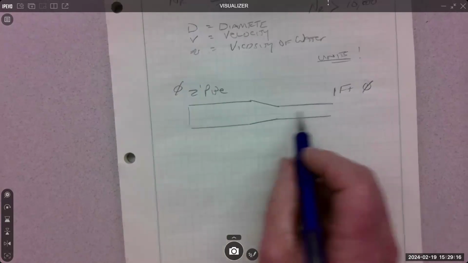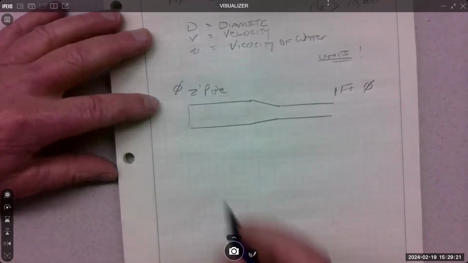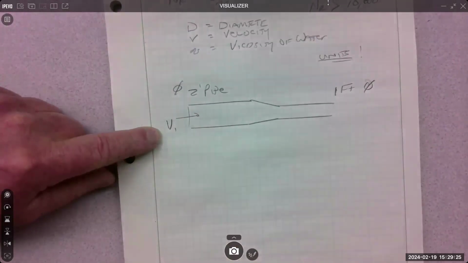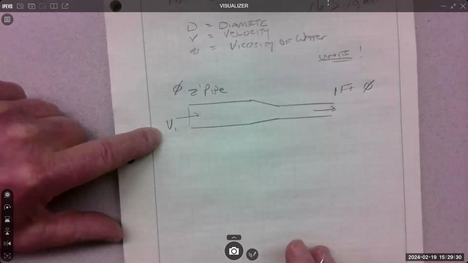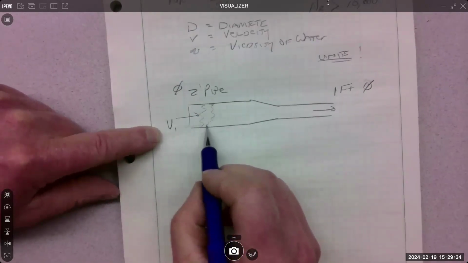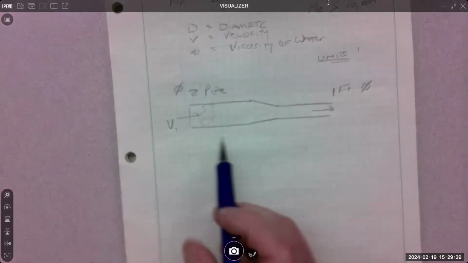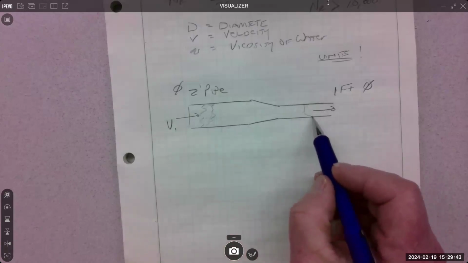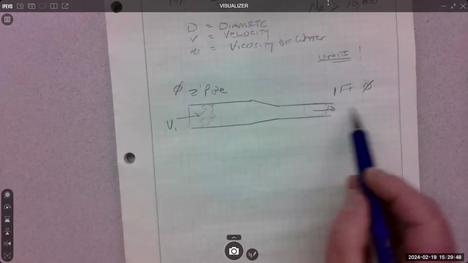If it's full of fluid, and that's what we do with our piping systems, it's completely full. And if this fluid is moving at a velocity 1, what's it going to do here? Well, the conservation of mass says when you push this mass, and I'll just draw a mass particle or a group of mass, when you push it at a velocity, that mass here has to travel at the same rate.